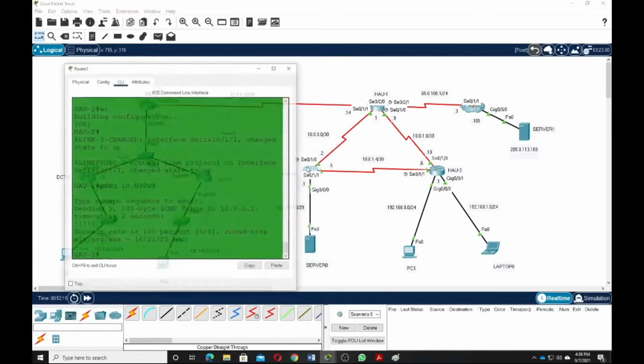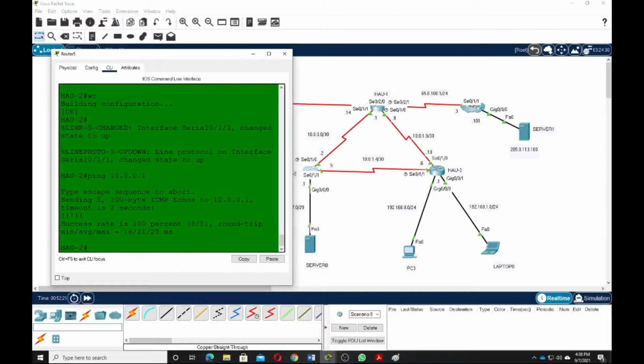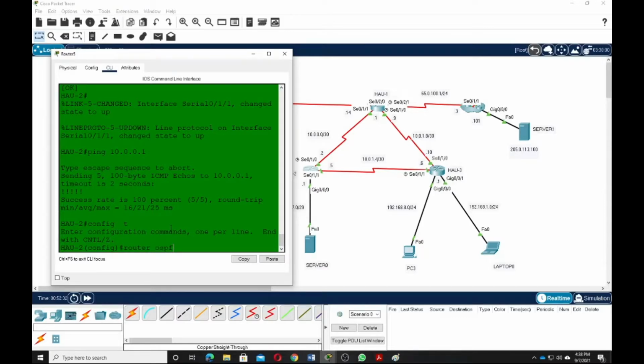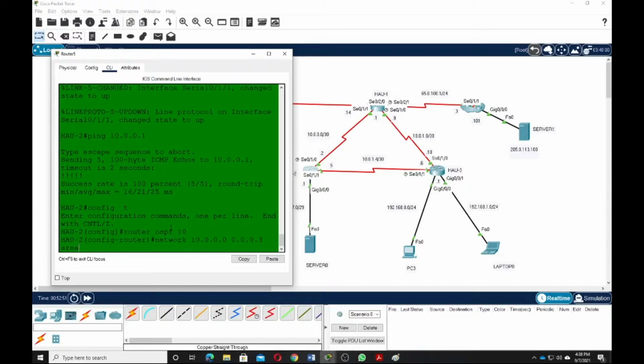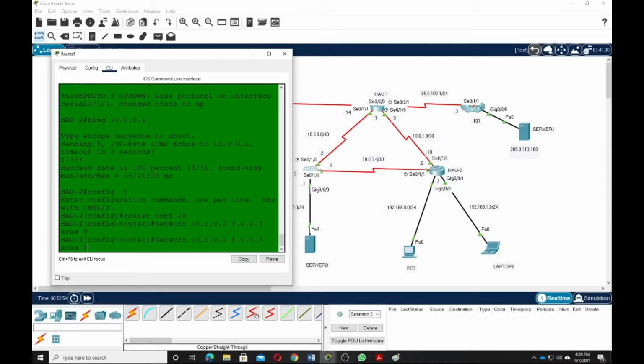Then let's proceed to HAU2. Config t, and then router ospf 10, and then network. The network here is 10.0.0.0 with wildcard mask 0.0.0.3, then area 0, and then another network, 1.4.